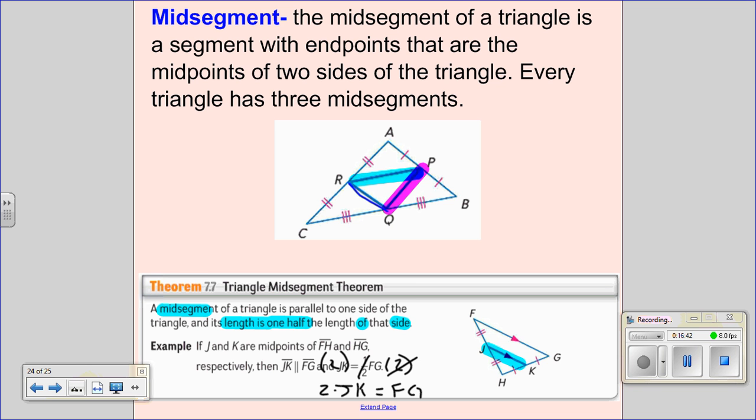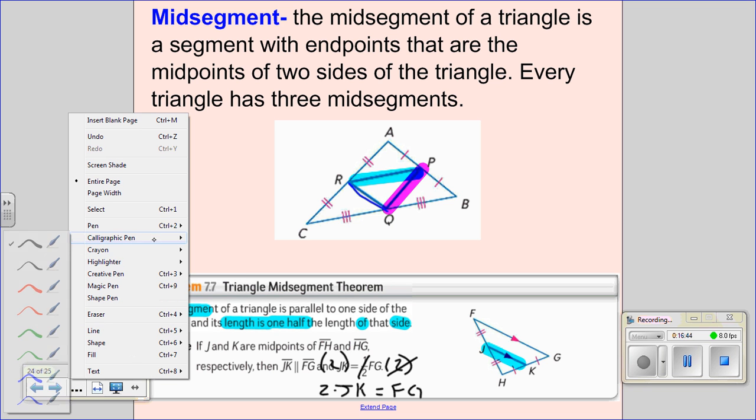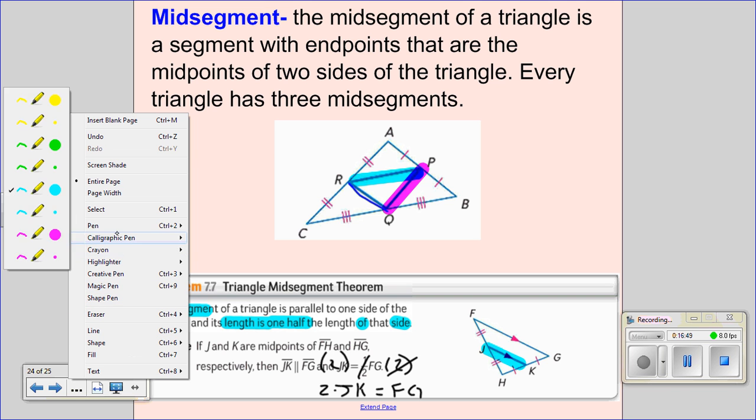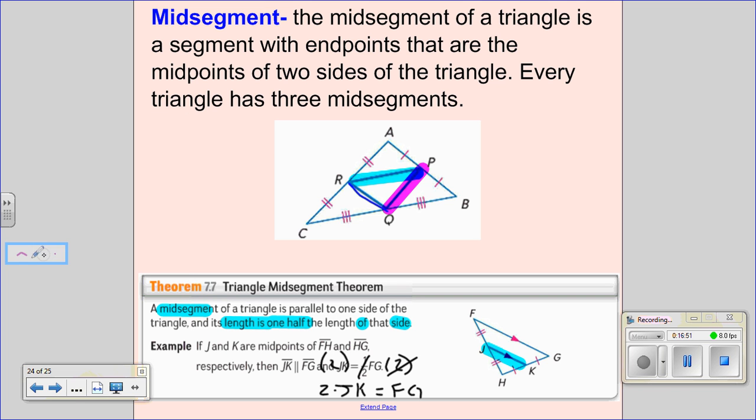So it's good to have both of those equations in your toolbox because they'll become very handy in just a moment.